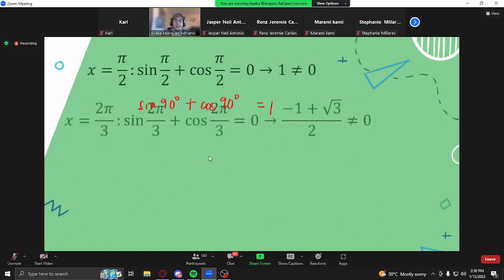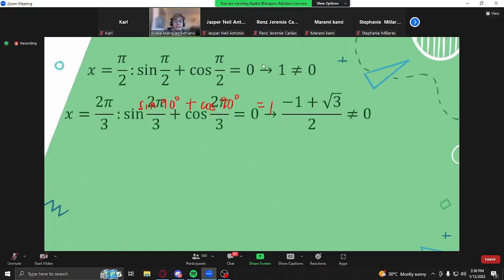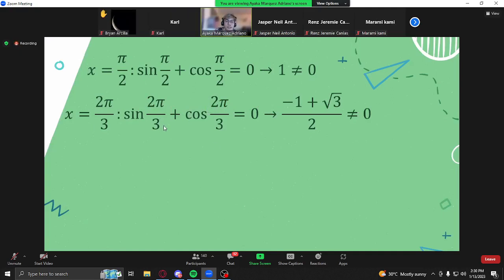Tama? Let's try 2 pi over 3 radians. Ano yung equivalent niya in degree measure? 2 times 180 over 3. Yes, Brian? 120 degrees po. Correct. So we'll just encode sa mga naka-degree measure dyan.